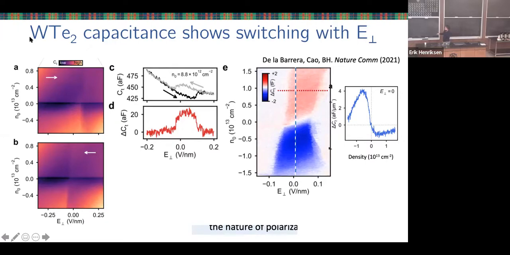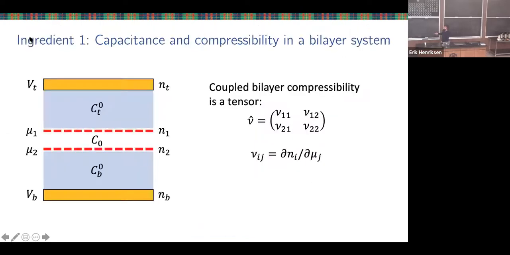If you can only see it on the negative side, that's only because the visibility is not great there. It's definitely there on the positive side, because that is the thing that defines the polarization switching there. I kind of see it now. Yeah. So I was just showing you the raw data, and this is what we really care about, which is the difference between the forward and backward sweeps. Okay.